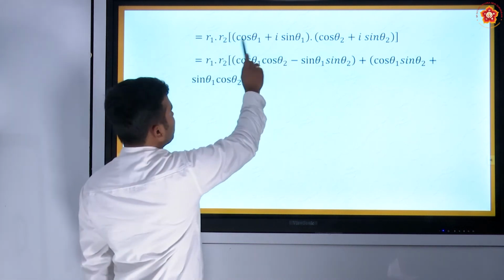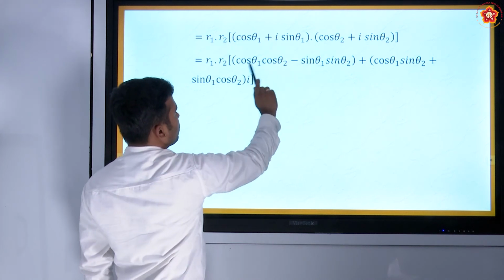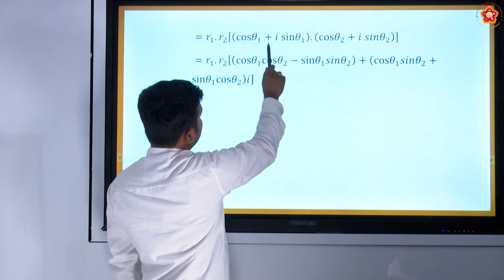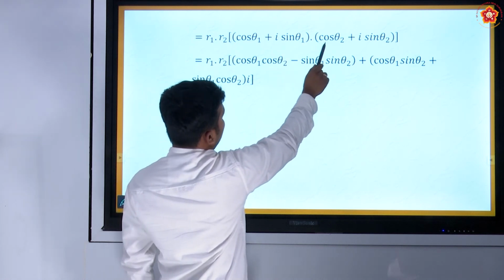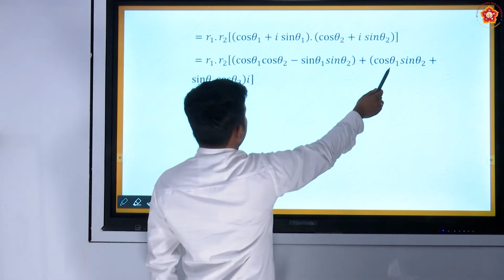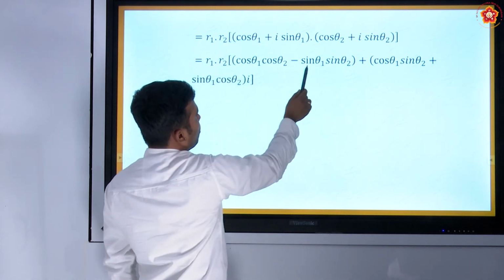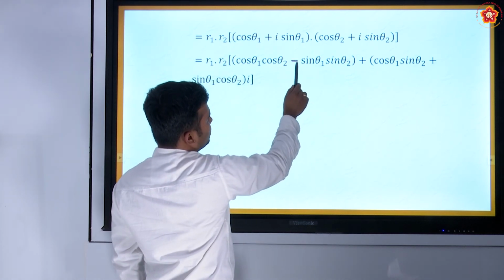So now you multiply this cos theta 1 into cos theta 2, and before that I have grouped this, that is i sin theta 1 cos theta 2. Here is cos theta 1 sin theta 1 and cos theta 2. Why am I getting a negative sign here?